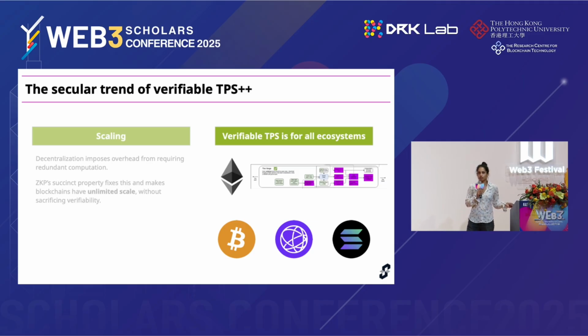And you can see this overall trend where verifiable TPS secured by ZK is only going up. And so you can see there's a popular concept of Bitcoin layer 2s, Celestia's modular rollup-centric roadmap, and even things like Solana network extensions that are all leveraging ZK for scaling with verifiability. So ZK is for every single ecosystem, not just Ethereum rollups.